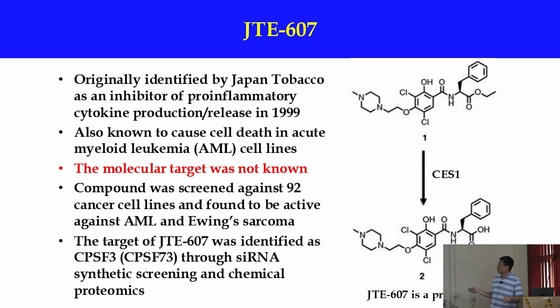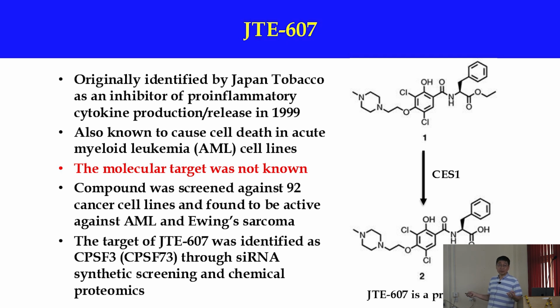And later, this compound was shown to also kill AML cell lines, acute myeloid leukemia. But as I said, these are cell-based assays, so the exact target of this compound in the cell was unknown. What scientists at Novartis did is they first screened the compound against 92 cancer cell lines, and they found it to be active not only against AML, but also against urine sarcoma.